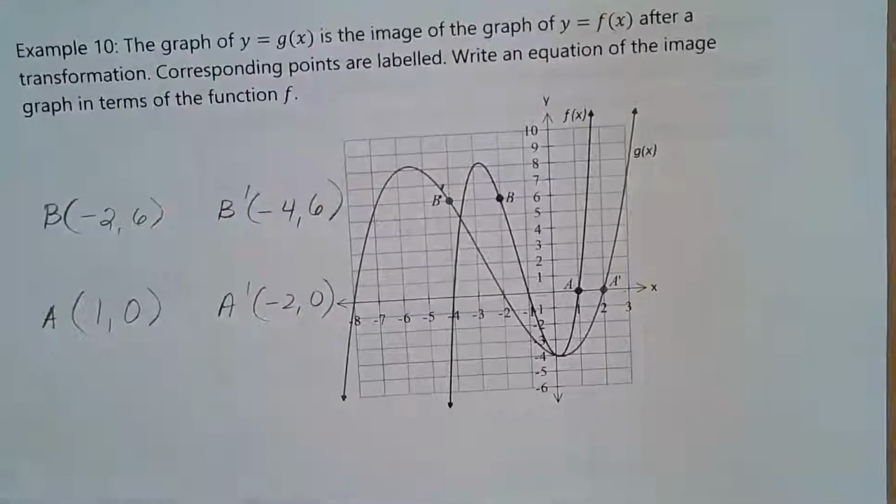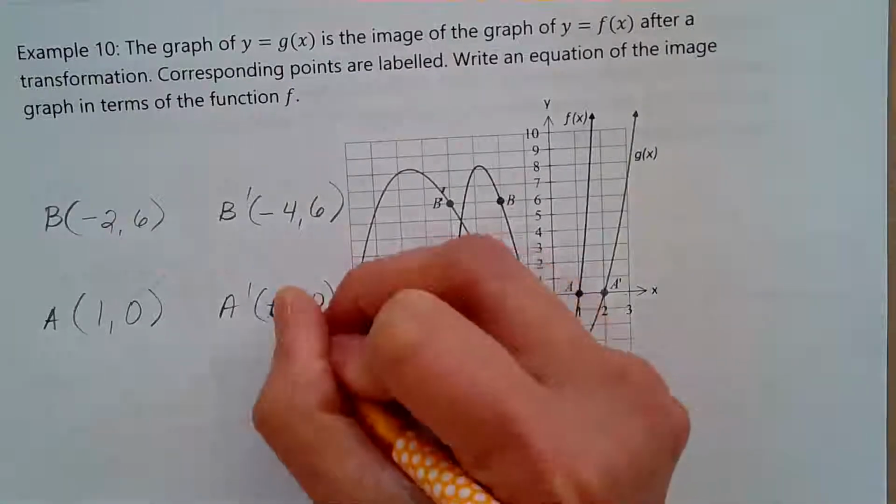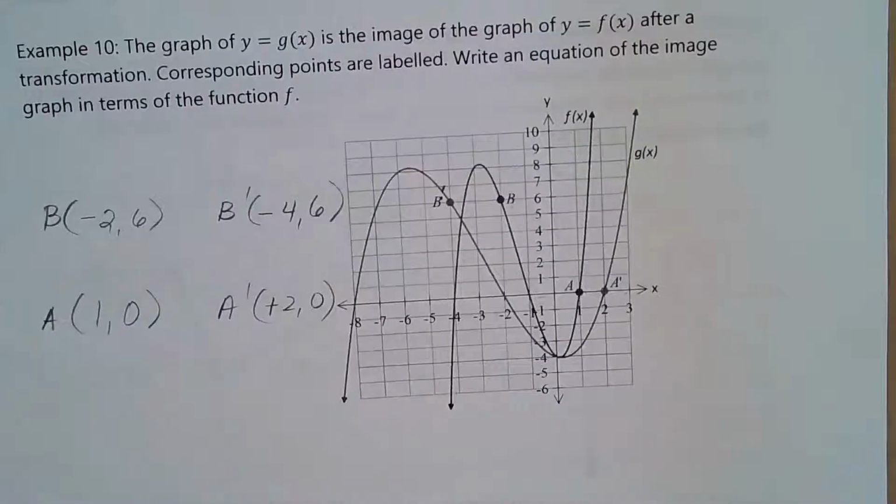Okay, now does that help a little bit? This is a single transformation. Just 2 minus negative 2, oh, 2, 0, that's what I meant. What do you think? Is the X changing? Is the Y changing?